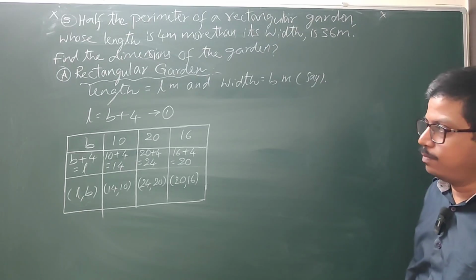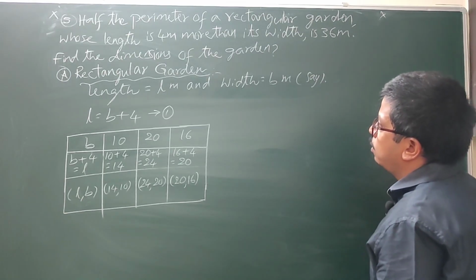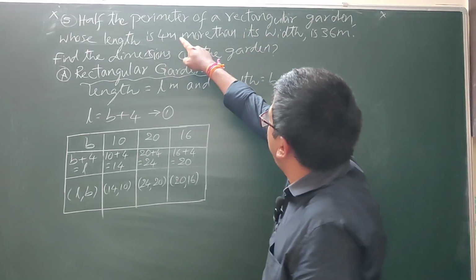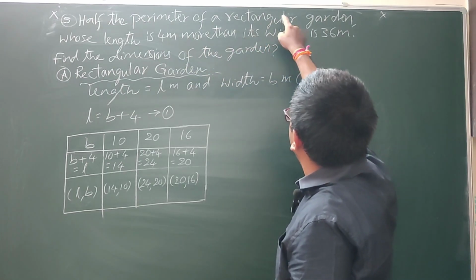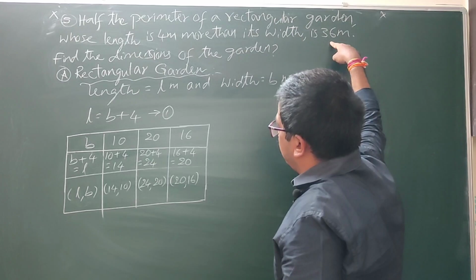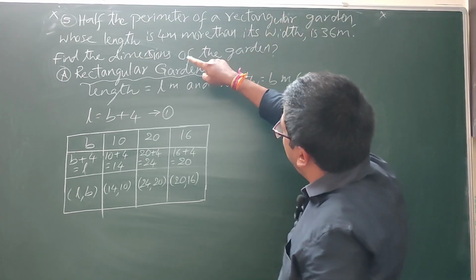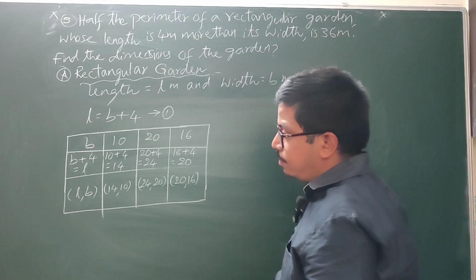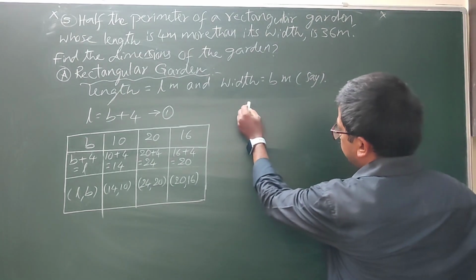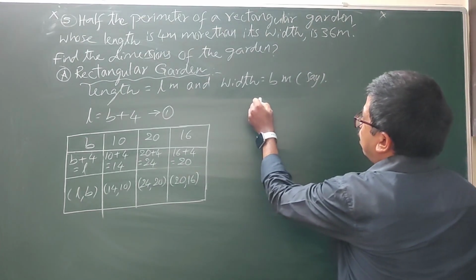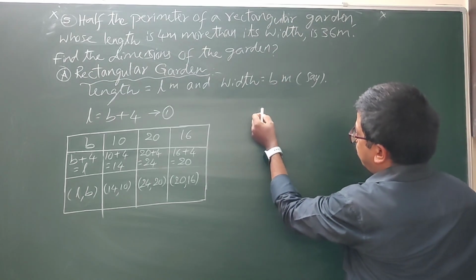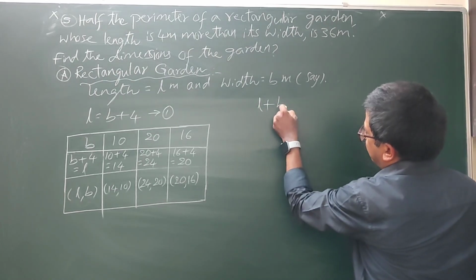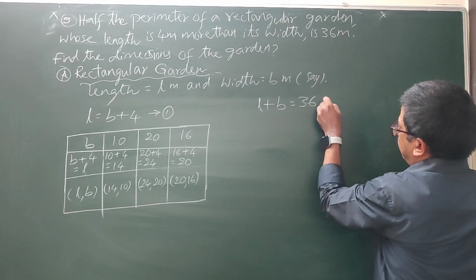Let me go for another equation. So another is, half of the perimeter of the rectangular garden is 36 meters. So you have to observe this one. Half of the perimeter of the rectangular garden is nothing but L plus B equal to 36.